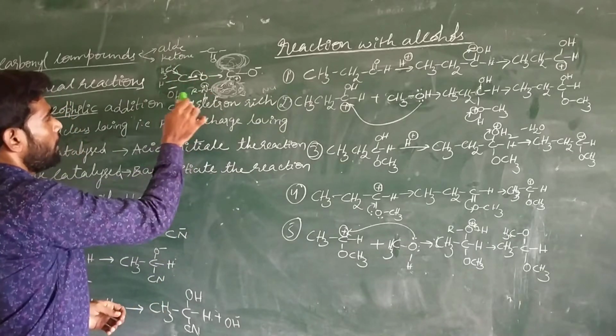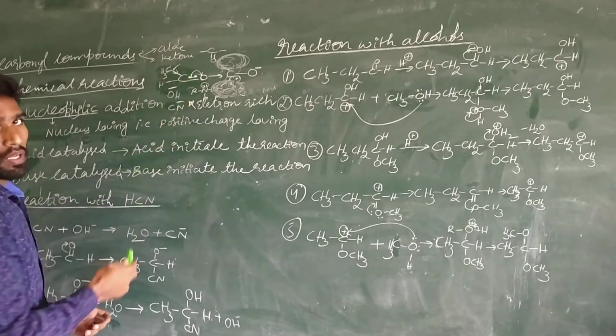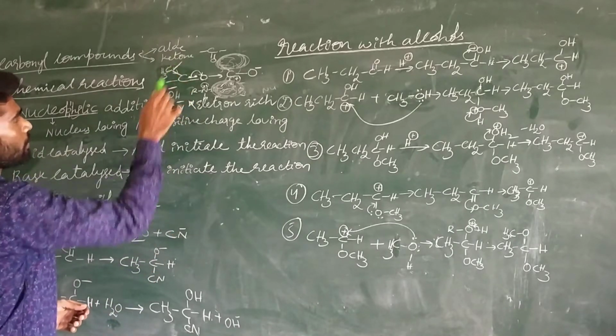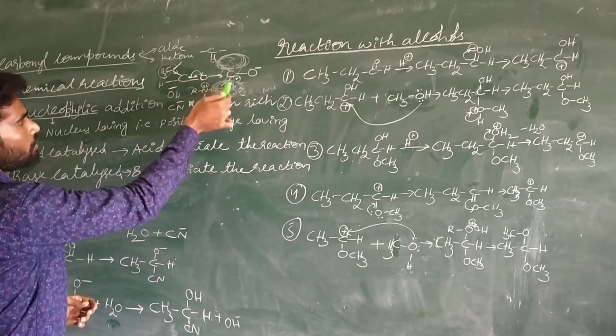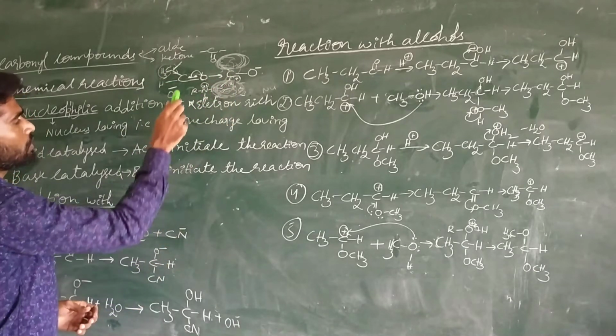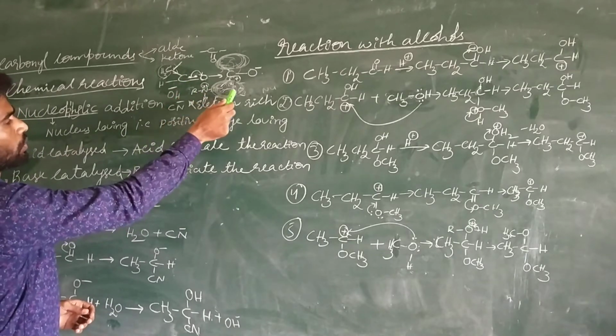In the case of aldehyde, even though it also has one alkyl chain, in the case of ketone we have two alkyl chains. The steric hindrance is somewhat less compared to ketones.